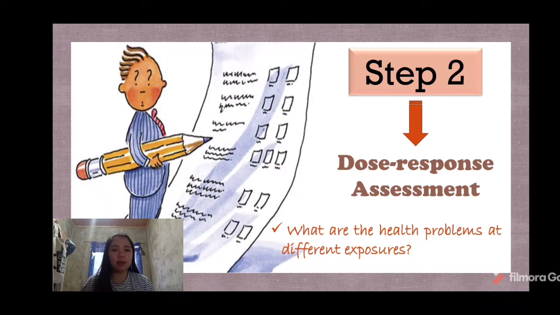The next step is dose response assessment. This step is to identify what the health problems are at different exposures. And this involves identifying the relationships between the dose of a chemical and the health effects on people.